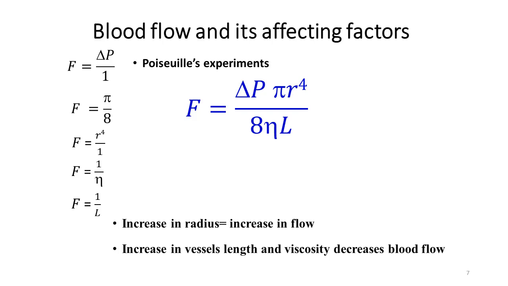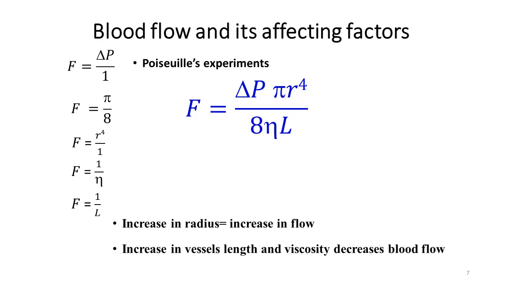We need flow, so we should increase the flow, but we may not work on pressure. Why? Because pressure has a great impact on the heart. If we want to increase the pressure, the heart should work a lot, and the activity of the heart should be increased.